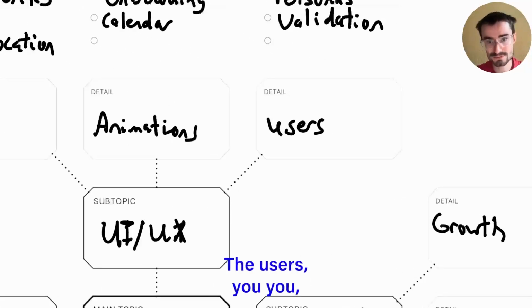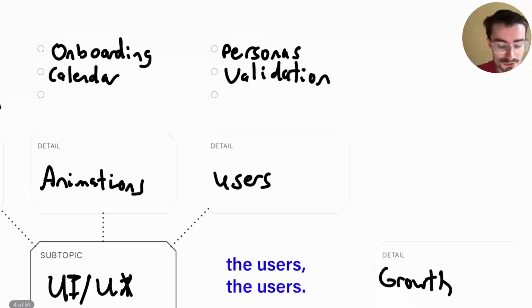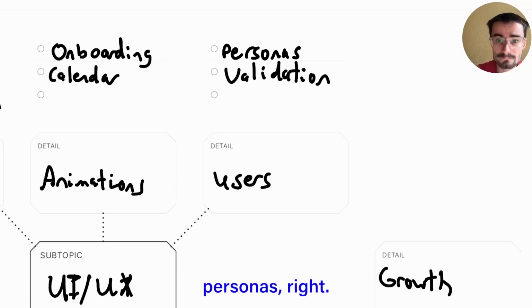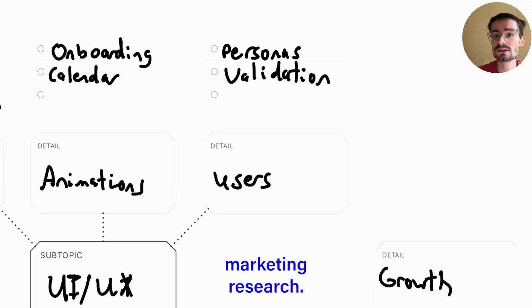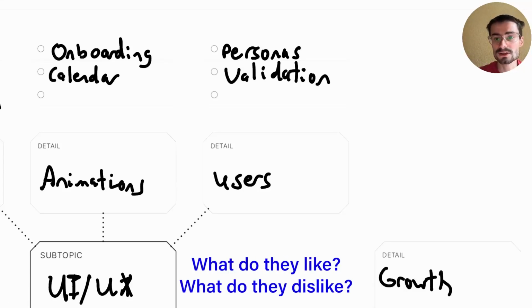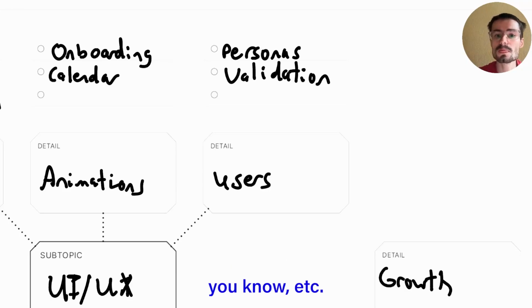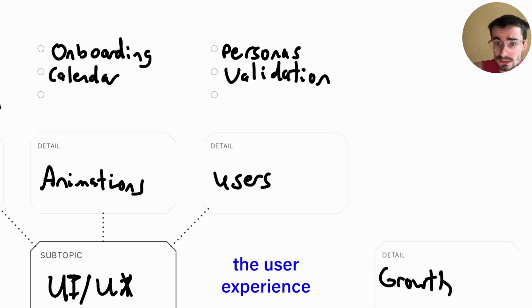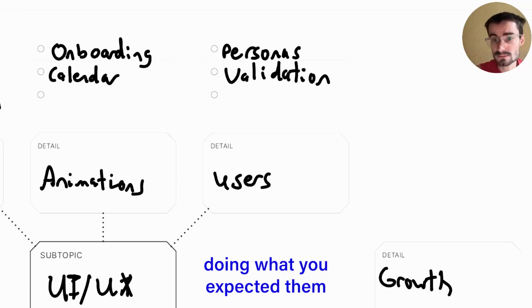The users. You'll want to have your personas, right? This will come from the marketing research. What do they like? What do they dislike? Are they more serious? Etc. And then validation, right? You want to have the user experience, and you want to see if they're actually doing what you expected them to do.